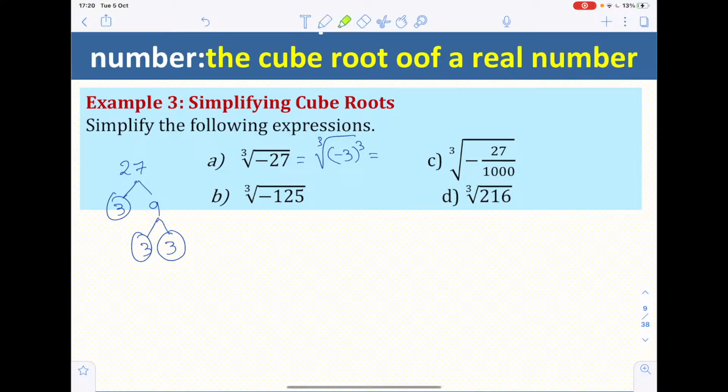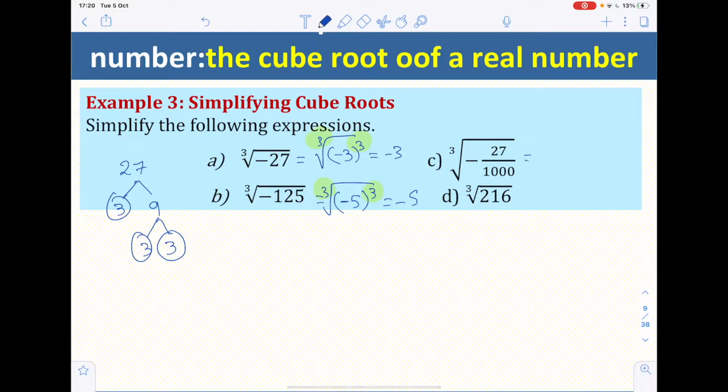Now we cancel the power with the root, so we are left with negative 3. Also for negative 125, the third root of negative 125 is negative 5 to the power 3. So you would cancel this root with the power and you're left with negative 5.